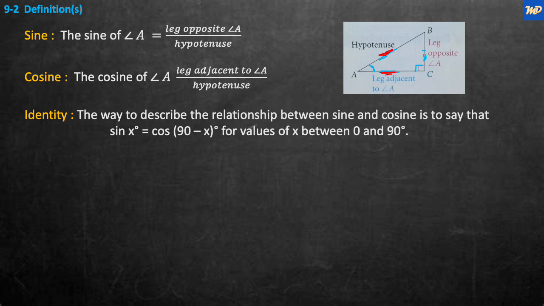And for identity purposes, the way to describe the relationship between sine and cosine is to say that the sine of x degrees is equal to the cosine of the quantity 90 minus x degrees. So if x is 30, to get that same result with cosine, the angle would be 90 minus 30, which is 60 degrees.